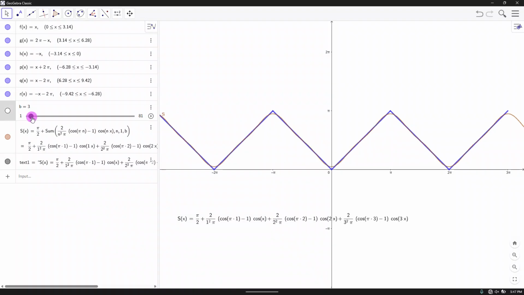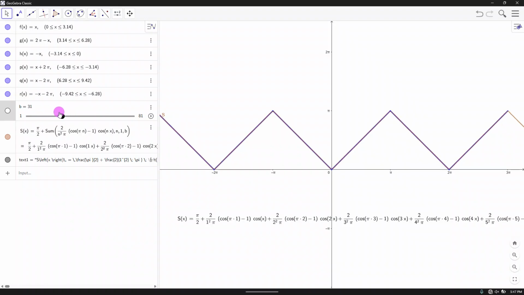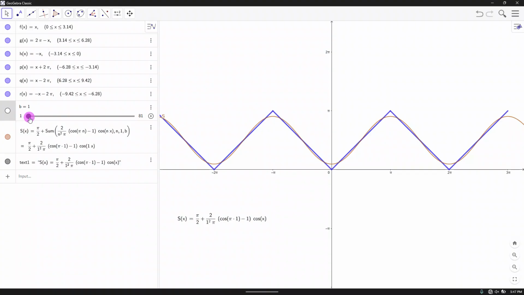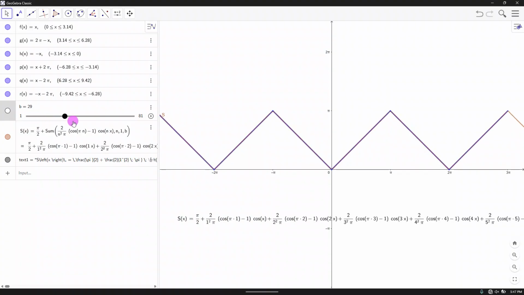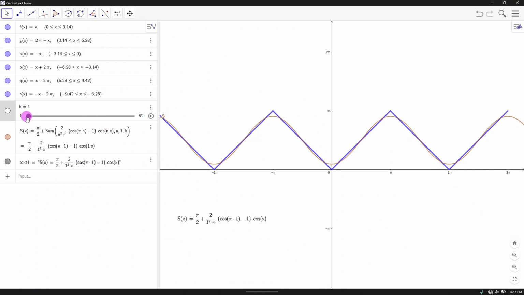I'm going to do n equals 3. Do you see how in this case we don't see these waves right here like we saw in the previous exercise? That's because we don't require too many terms to have this Fourier series converge to the actual value of the function, isn't it? So this converges more rapidly than the other case because of the shape of the wave we're dealing with. So that can happen every once in a while.